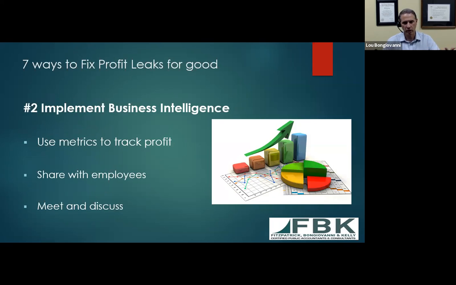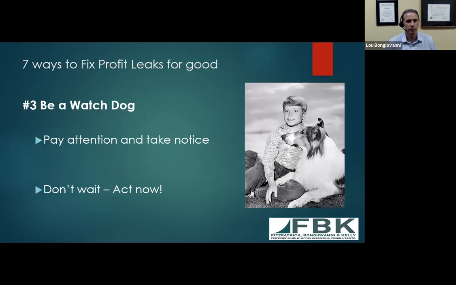Again, the term is business intelligence, really zeroing in on metrics to measure profitability of products or services or employees or locations, things of that nature. You can really do a great job with it. And the more that information is out there and everyone agrees on the metric, the greater chance you're going to solve profit leaks. This single thing alone is a great starting point. I don't know how you can do it without this step, frankly.